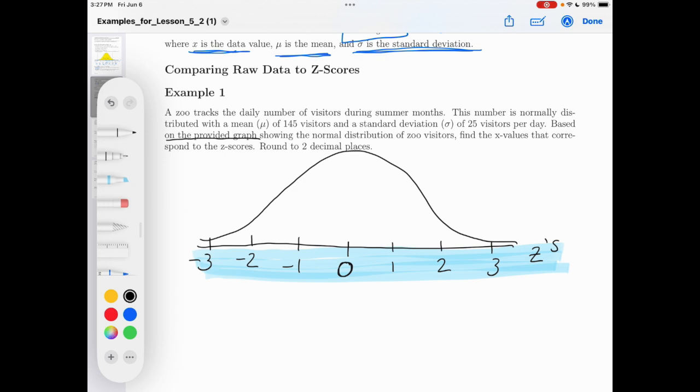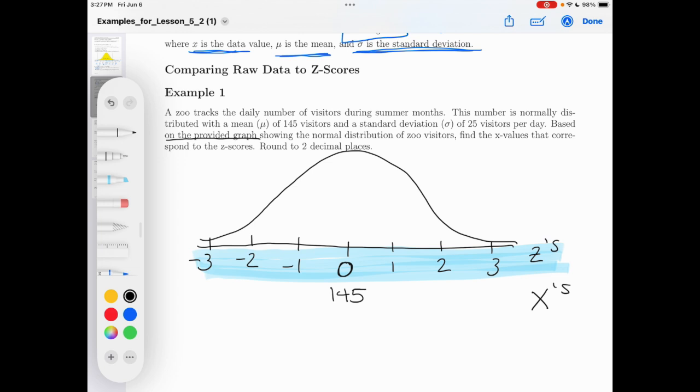Now, let's label our corresponding x's. In the problem, it tells us that the mean is 145 visitors. So this is the raw data. This is the data that is in the context of the problem. Because the mean is 145, that's going to go in the center.